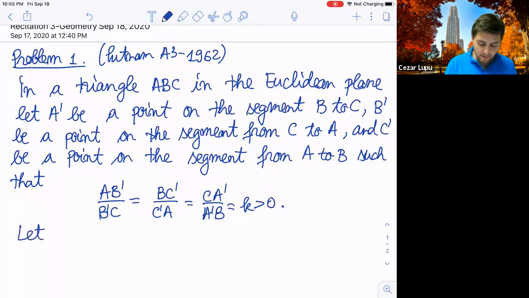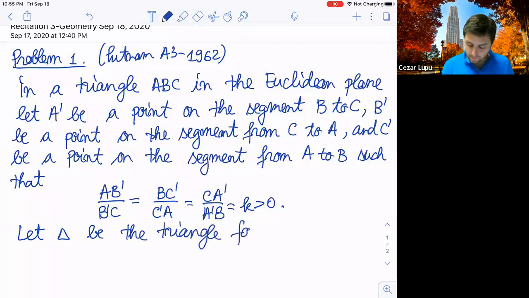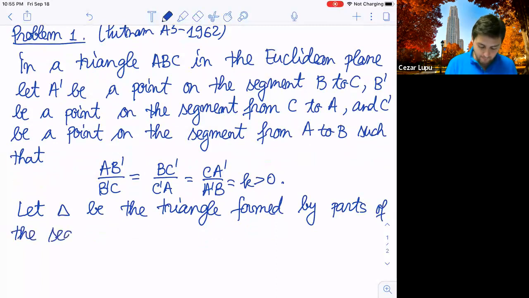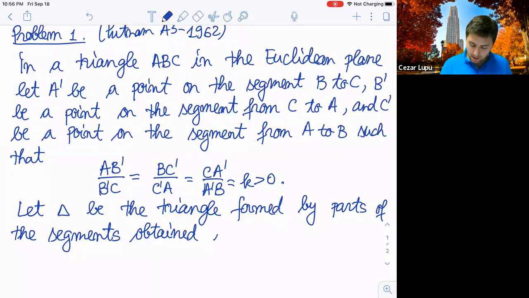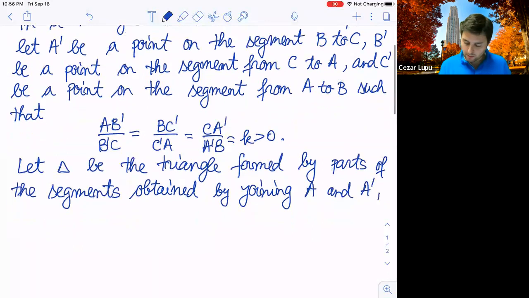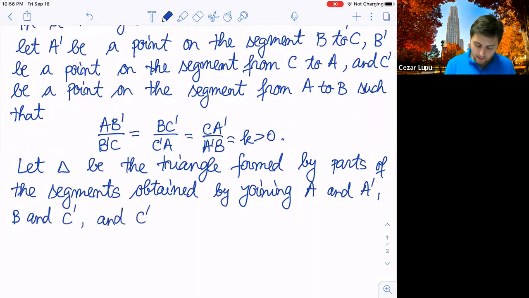Now we will consider a triangle delta. Let delta be the triangle formed by parts of the segments obtained by joining A and A prime, B and B prime, and C and C prime.